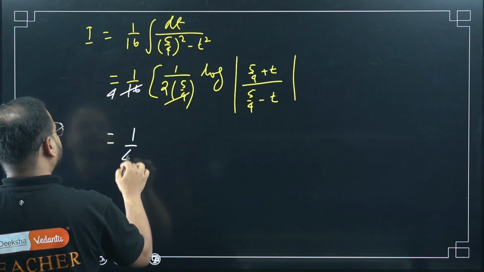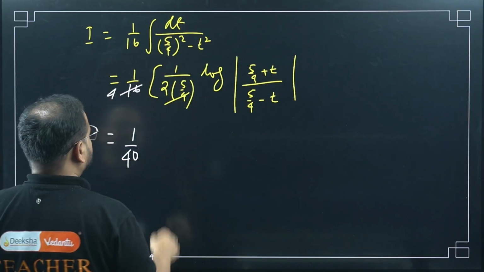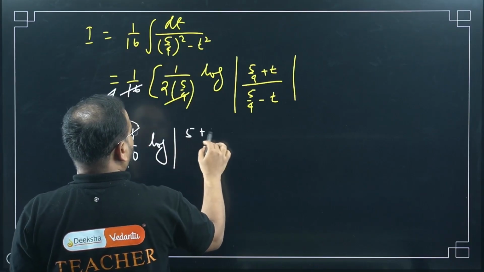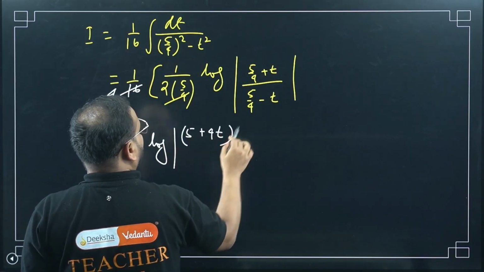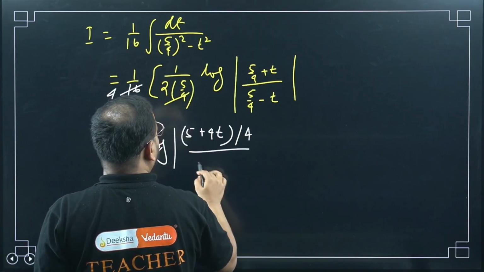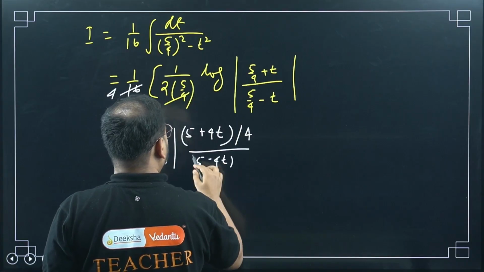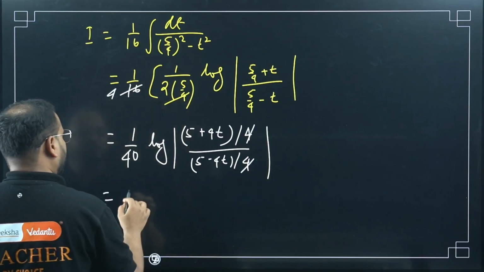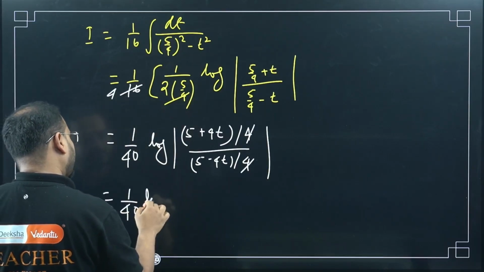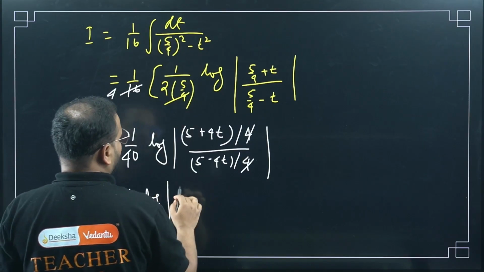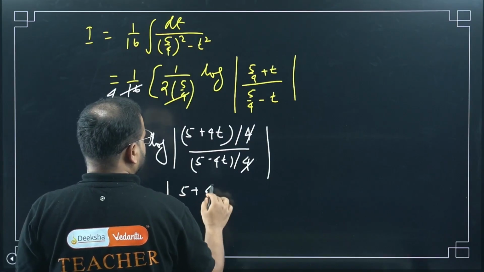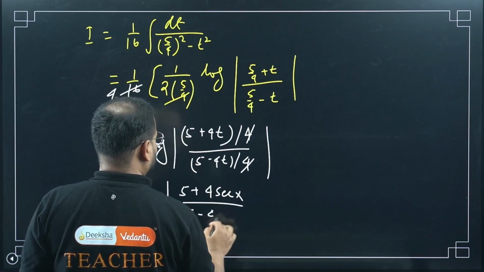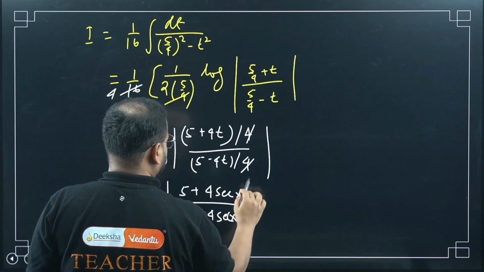So 1 by 40 log of 5 plus 4t upon 4 divided by 5 minus 4t upon 4. Yes or no? 4 and 4 go out. What I get? 1 by 40 log of 5 plus 4t, means 5 plus 4 sec x, upon 5 minus 4 sec x.